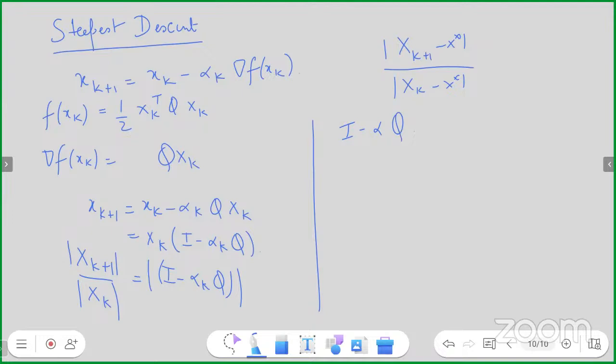Nilpotent. Take Q to be PD, let's say. Positive definite. It's a symmetric matrix.